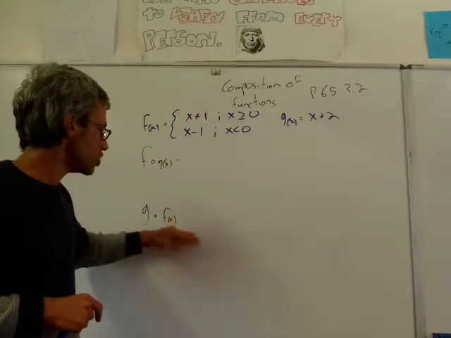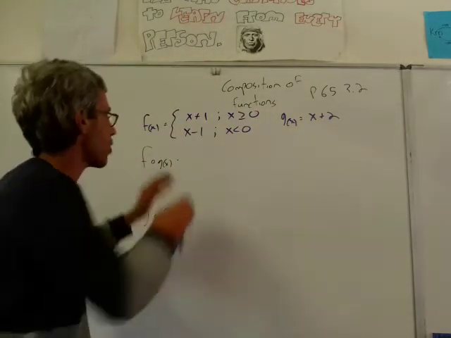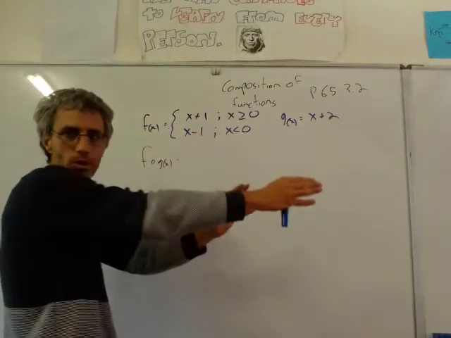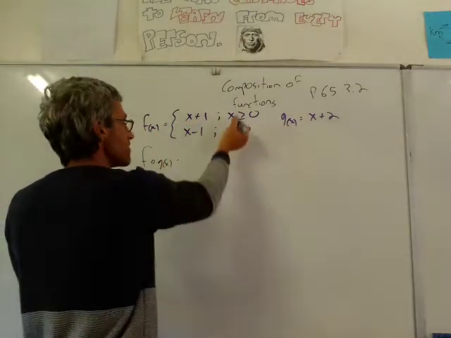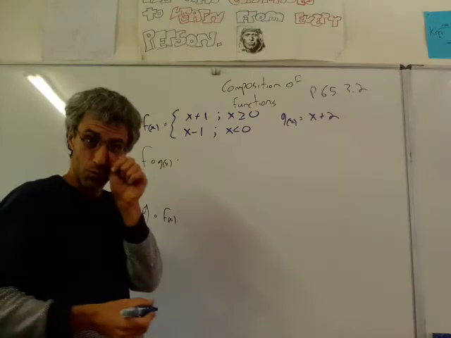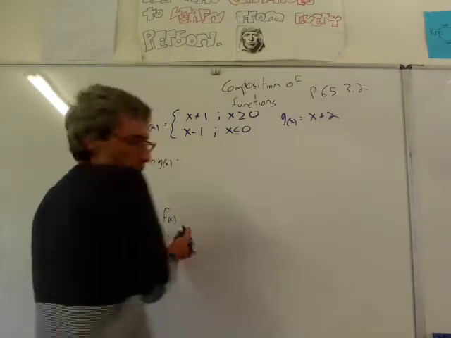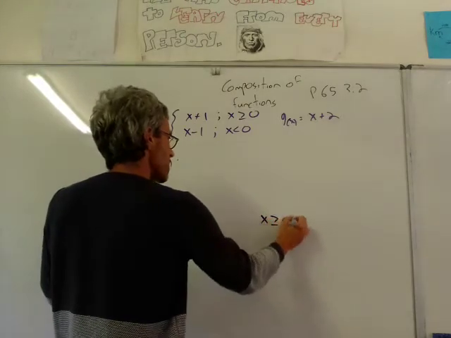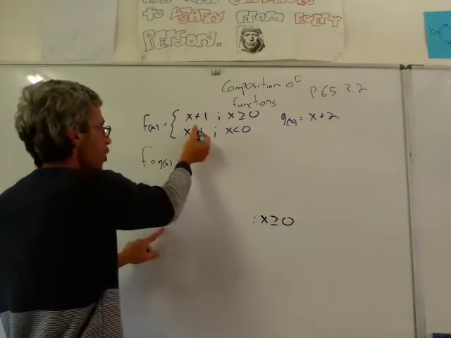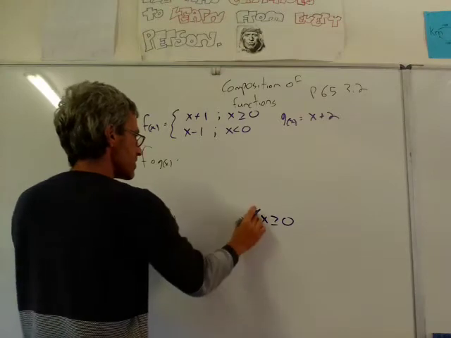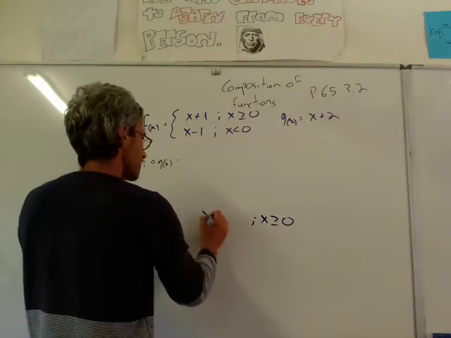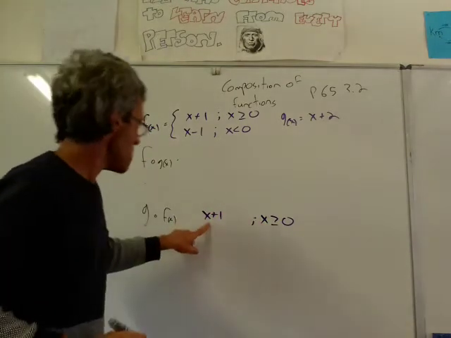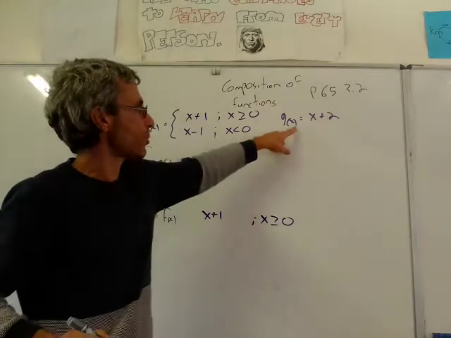I want to start with g of f of x. Okay, so we're operating f of x, and then we operate g. So because we've got different sets of rules for different x's, we're going to have that also for the composite one. So when x is larger or equal to 0, we're going to first of all operate f, which is x plus 1. Now, we've got to operate g.